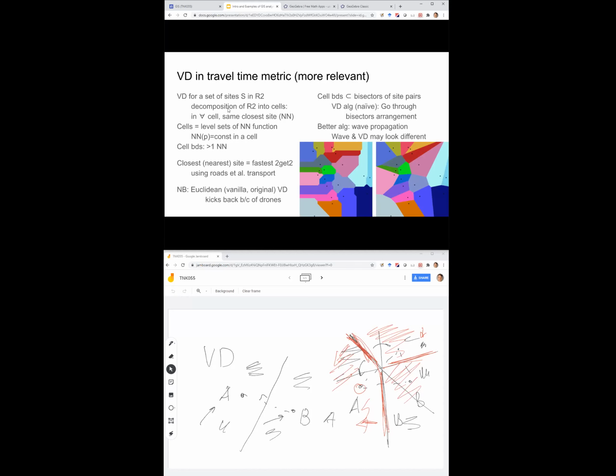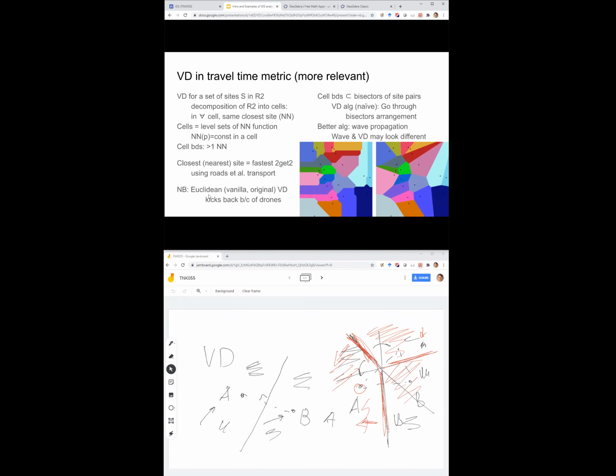Again, you have a set of sides, so everything is the same. The only thing which changes is the definition of the nearest side. So the nearest side is now not in the Euclidean sense, not in the usual sense, but it's really the fastest to get to, using roads, using other transport, and so on.